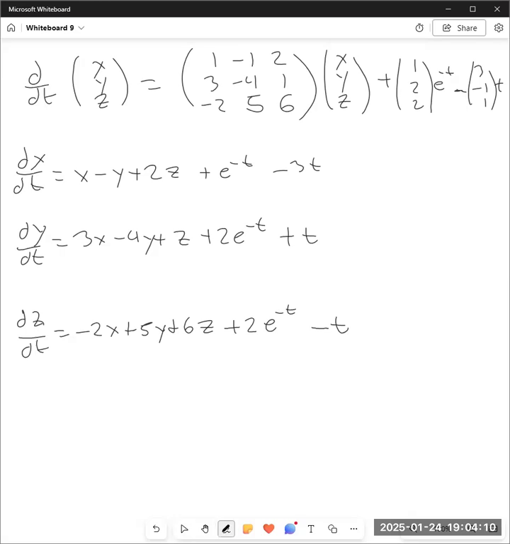If they put a minus sign out front of the matrix, change it to addition and change the sign of everything in the matrix so you don't make a sign error like I just did. So that's minus 3, and then we have 3, negative 4, 1, 2, 1. We have negative 2, 5, 6, 2, negative 1. Perfect. That was number 9.